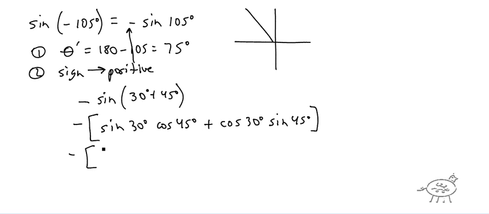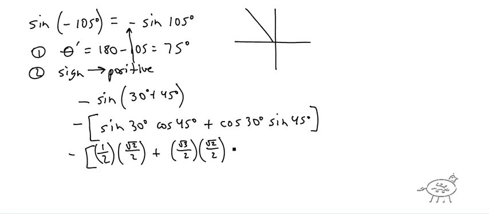Sine of 30, 1/2, 45, root 2 over 2, plus root 3 over 2, and root 2 over 2. That's equal to negative, so it's square root of 2 plus the square root of 6 over 4.